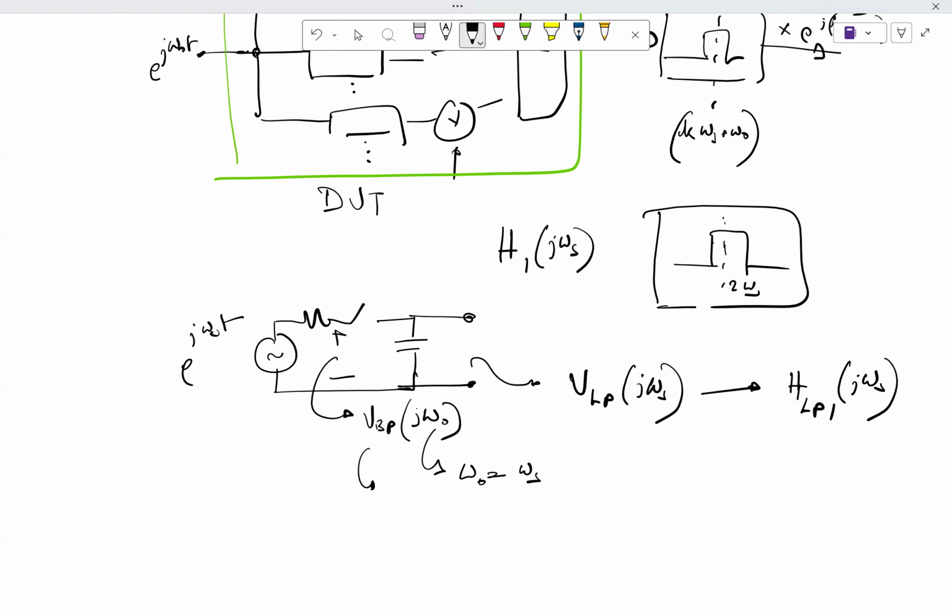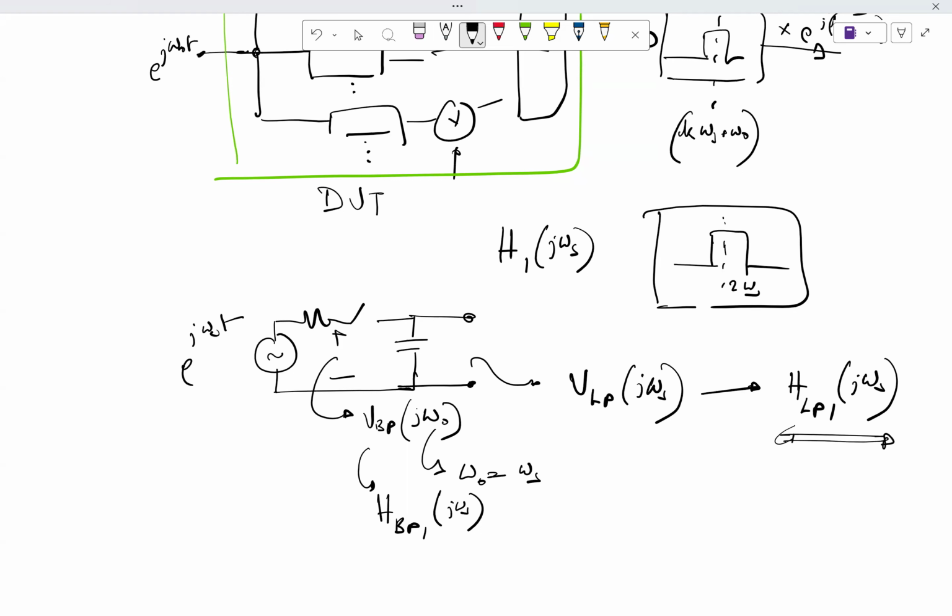So by the way, I should have mentioned I want to find out HBP1 of j omega s, right? Because simply saying HBP j omega naught does not make any sense because it is going to have a whole bunch of stuff. I'm looking at one particular sideband. So similarly, I want to find out HLP1 j omega s.